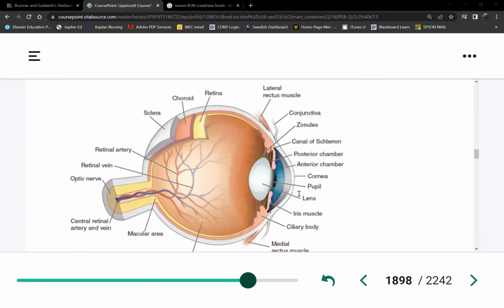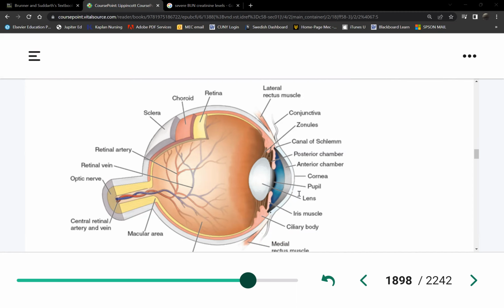So is it crucial that they know how to correctly administer eye drops? We will discuss those next week. We will review how to administer eye drops, how to administer eye ointments, and again, pre and post-op care for patients undergoing eye surgery.